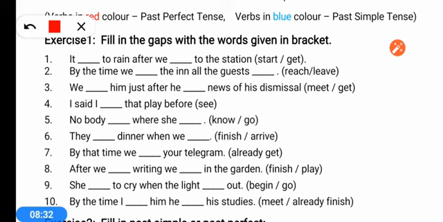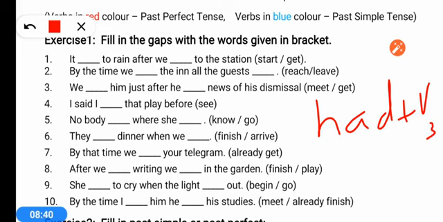If it is happening first, you have to use had plus V3, and if it is happening later, then you have to use the second form. So here 2 options are there, either had plus V3 or only the second form. Which one will be had plus V3 and which one will be the second form, you have to do in your fair copy.